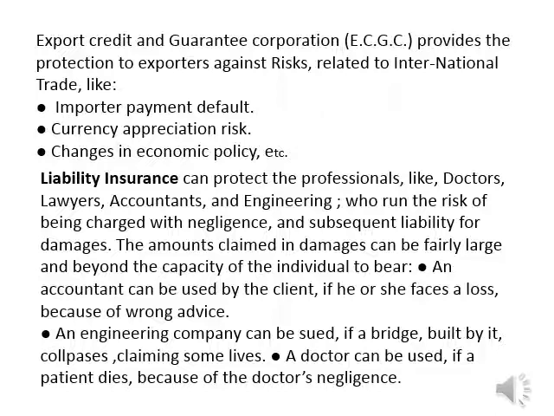An engineering company can be sued if the bridge falls down and there could be claims for loss of life. A doctor can be sued if a patient dies because of the doctor's negligence. So there are liability insurances, there are export guarantee insurances. Every part of our life has risk, and every risk can be covered with an insurance company.